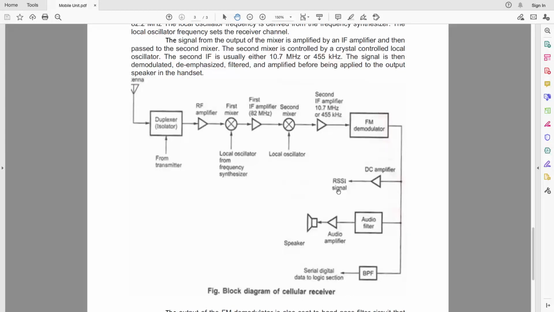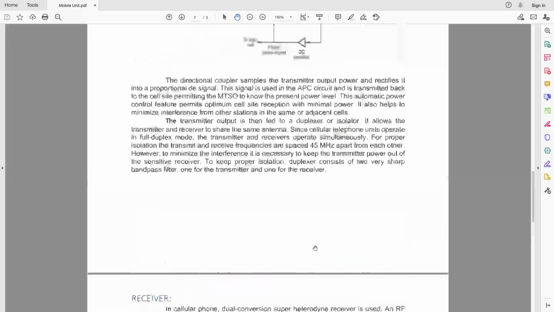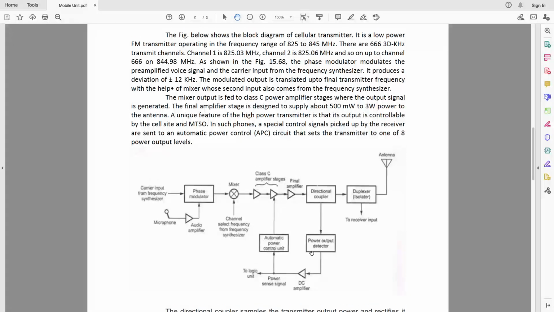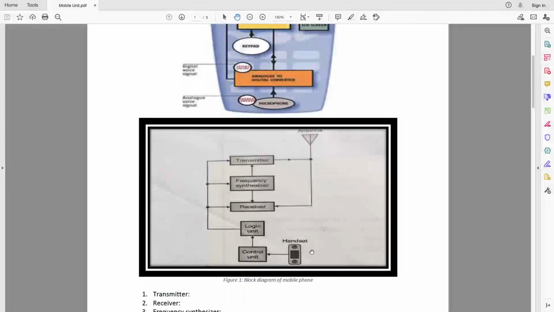In this way, the receiver and transmitter of the mobile handset are used either to transmit your voice signal or data signal, or to receive your voice signal or data signal.